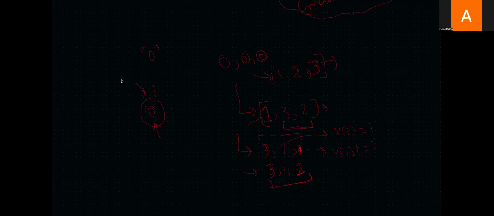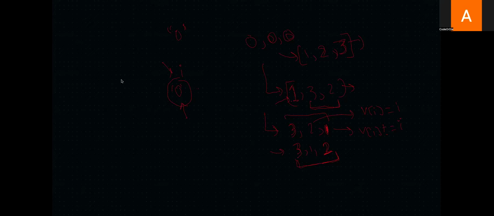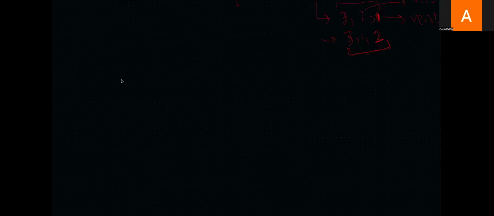So yeah, I'm going to tell you a very interesting thing now. Let's say you count the number of zeros in a count variable. And if it is 0, it means that you have no zeros.